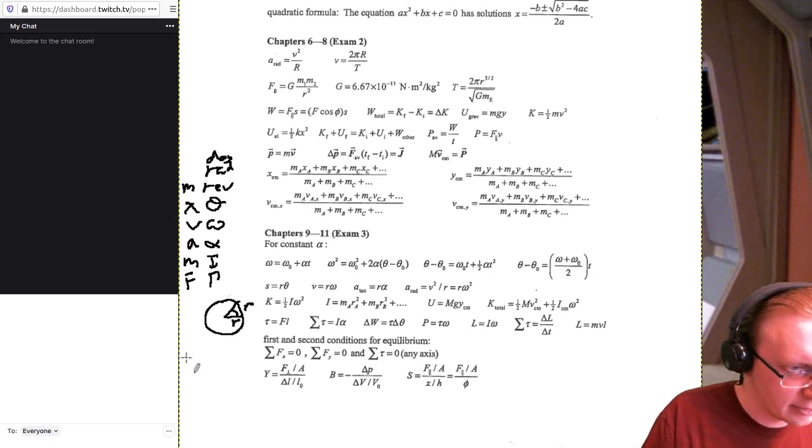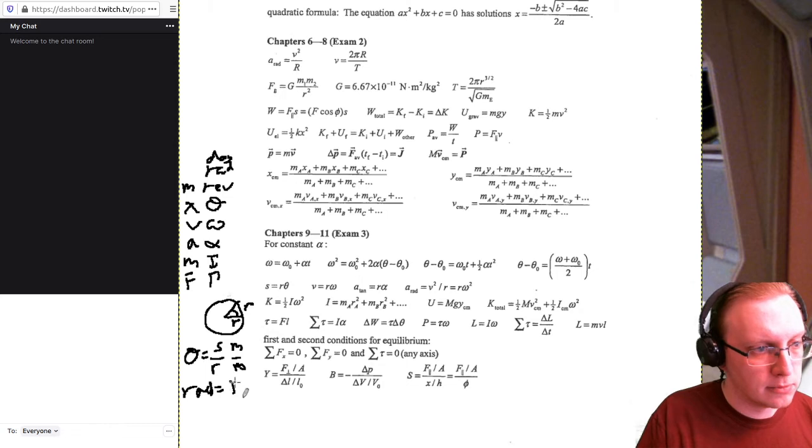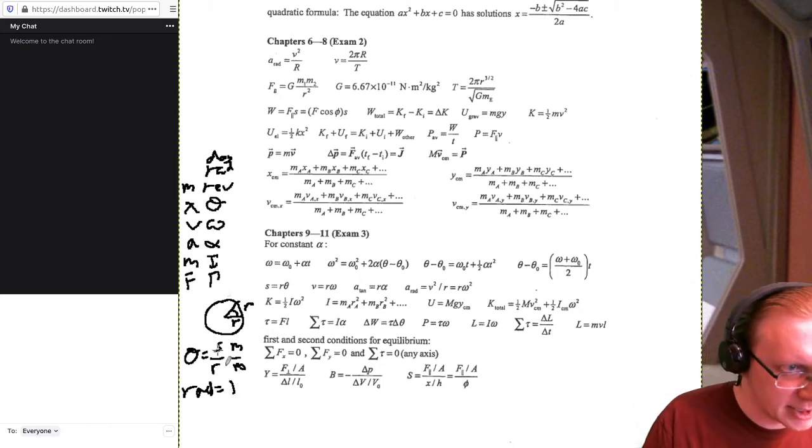So theta is equal to the distance around the circle, s, divided by the radius of the circle. This is in meters and this is in meters, which means that a radian has unit 1. And that just makes everything a whole lot easier to deal with.